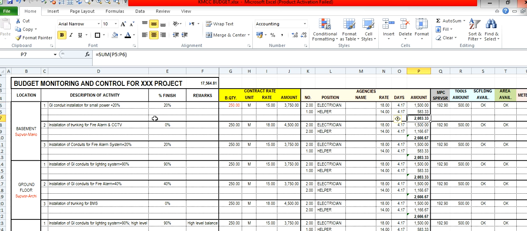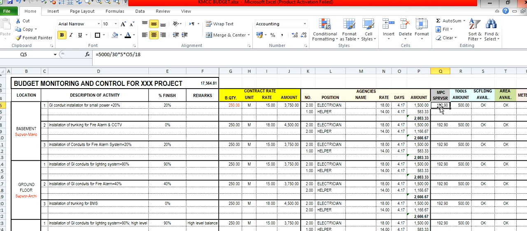For this activity only, we can pay the agency 2,083. So we will have done 3,000, so 3,000 minus 2,000. Our collection is higher than the invoices.